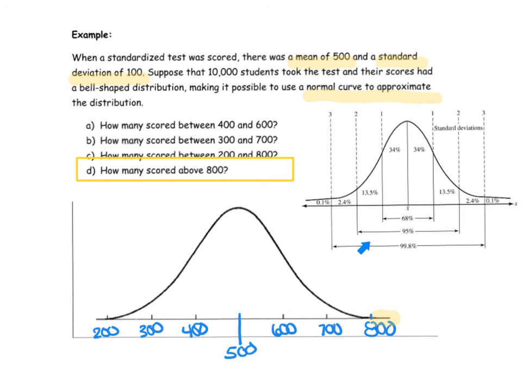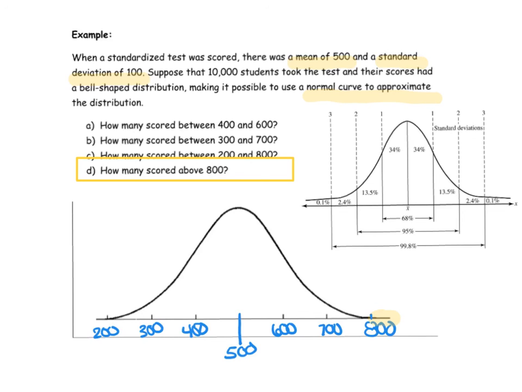So since 99.8% lies here, then there's 0.2% that lies between the lower tail and the upper tail. So if we're only interested in the upper tail, that's going to be 0.1% of our data, or of our students.